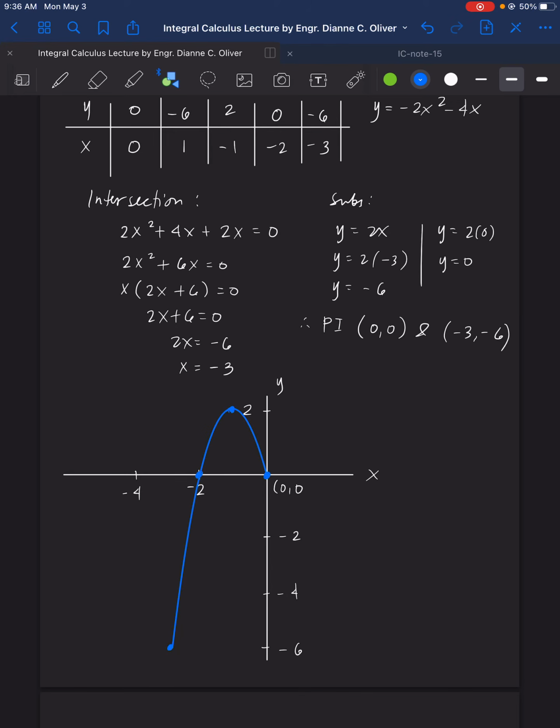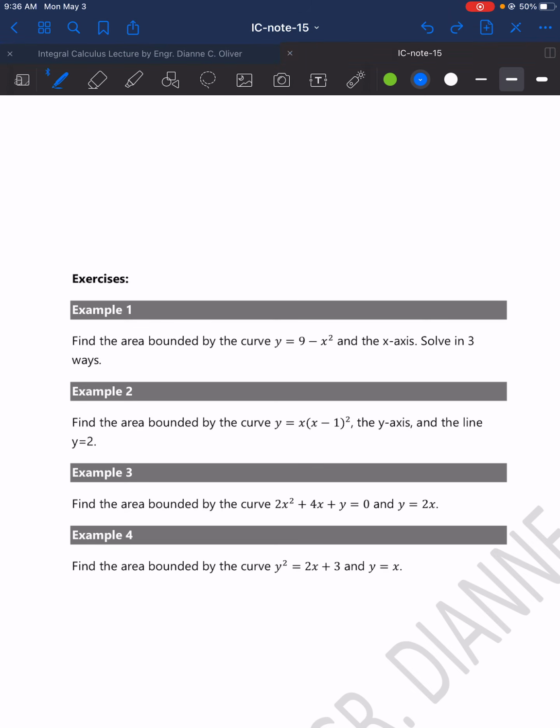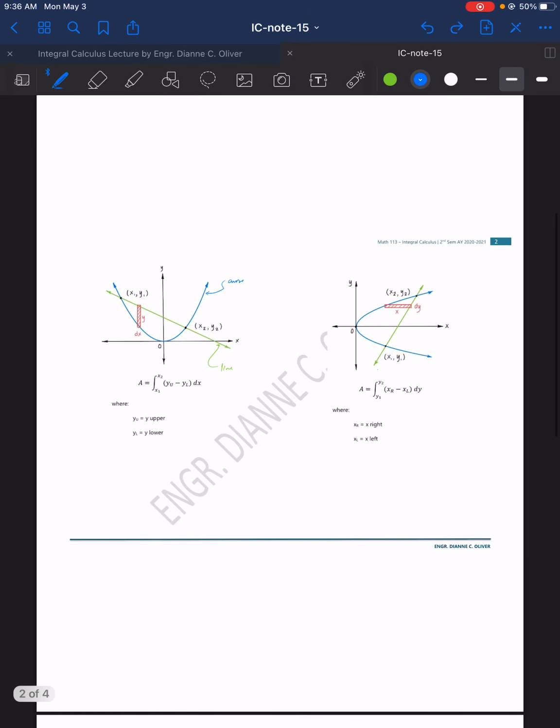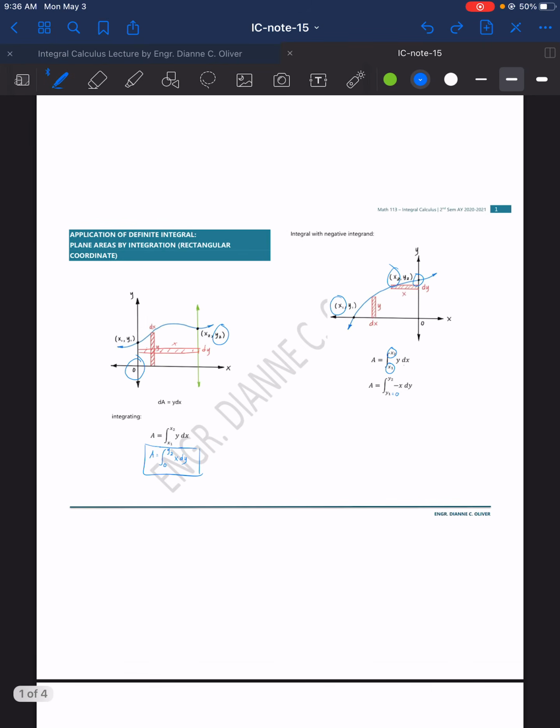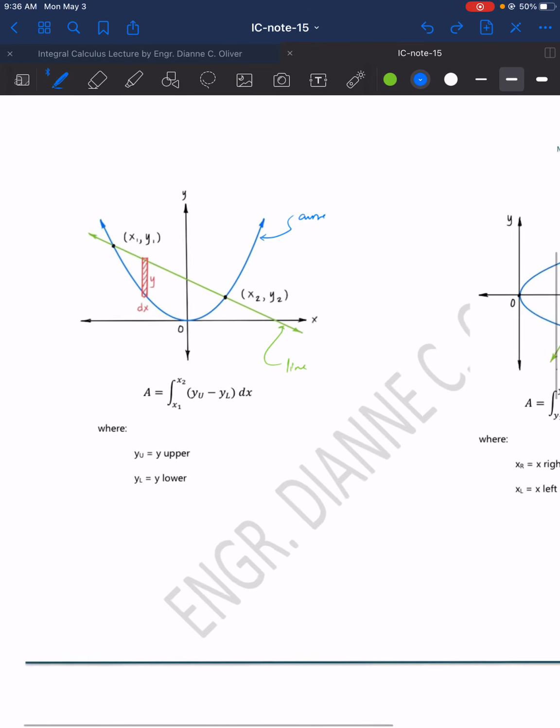So here's our curve, then our line is here. There you go. So this is the line y equals 2x, and this one here is the curve y equals negative 2x squared minus 4x. Remember in the note here, it kind of looked like this one, but it's just inverted.